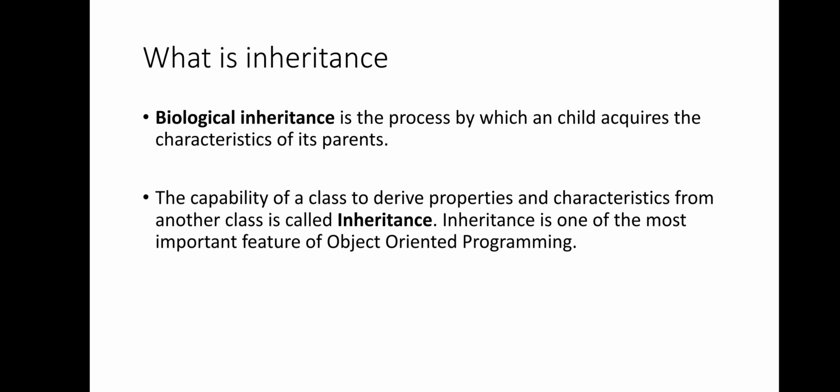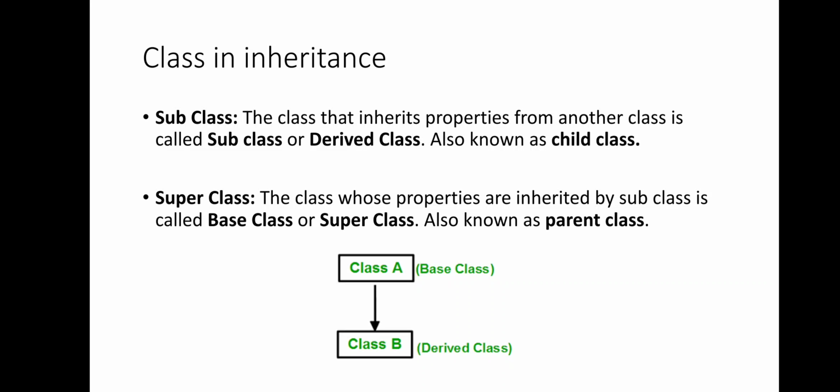Inheritance is the most important feature of object oriented programming. So, there are basically two classes. One is the class that derives another class. So, there are two classes: one is base class, another is derived class.